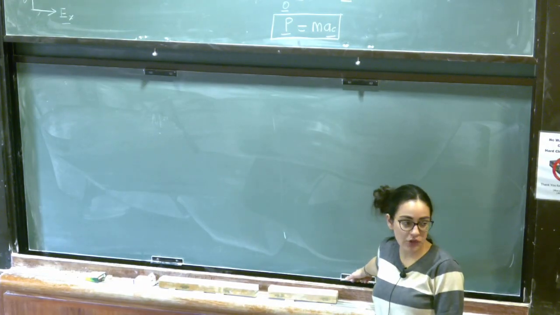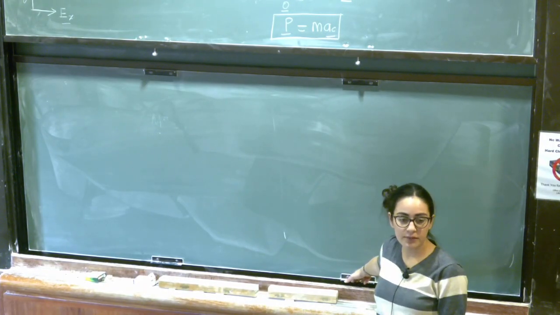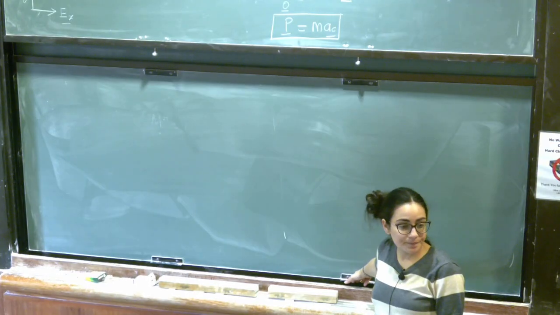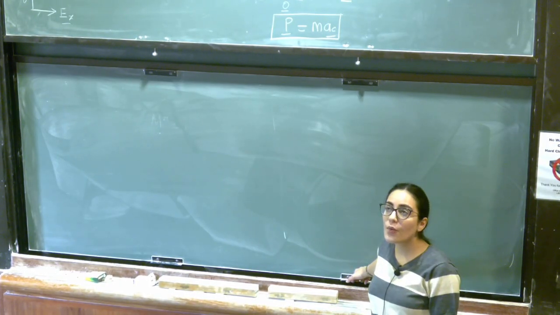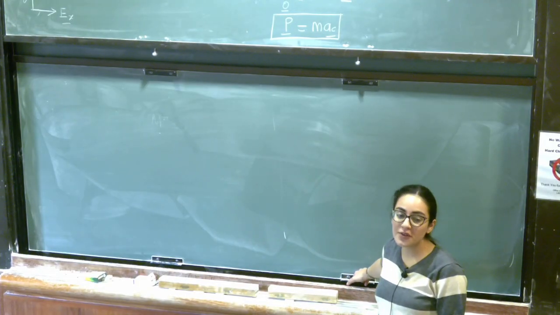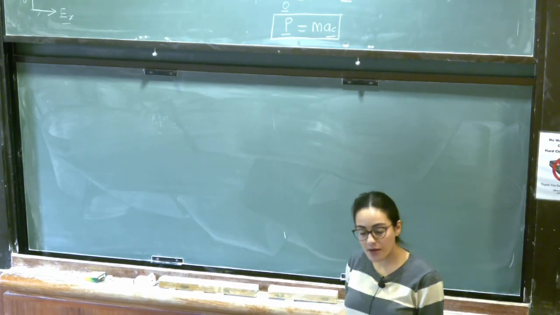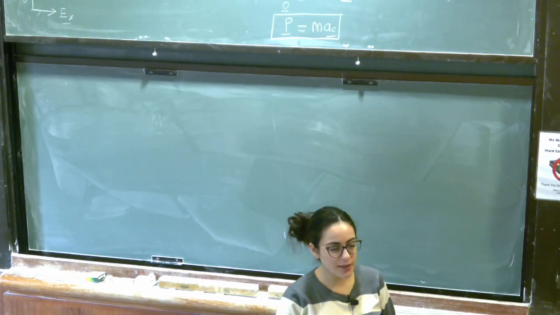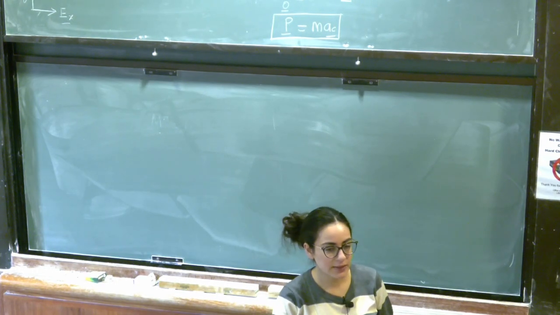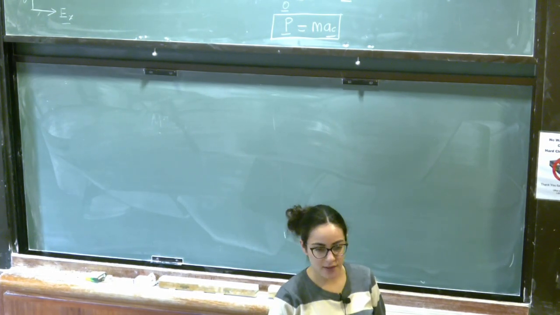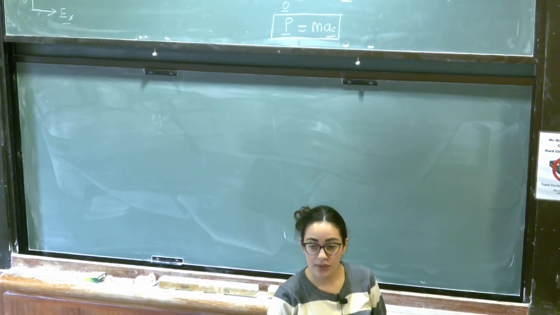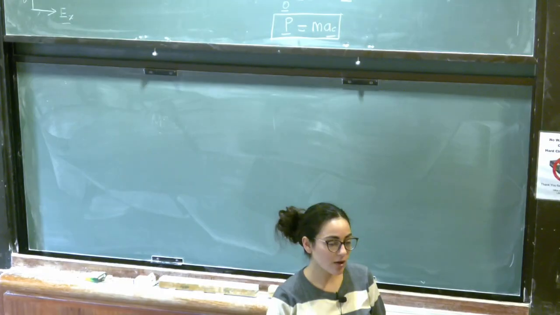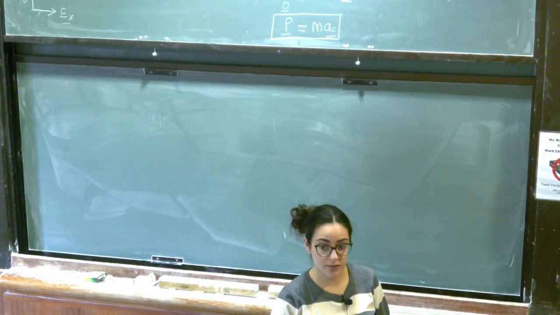Well, this equation uses alpha, but do we have the accelerations of two different points on the rigid body? No, we only have the acceleration of the center of mass. So we're not going to use this equation. We're going to use a balance law. Which balance law are we going to use to find the angular acceleration of this rigid body? The balance of angular momentum.